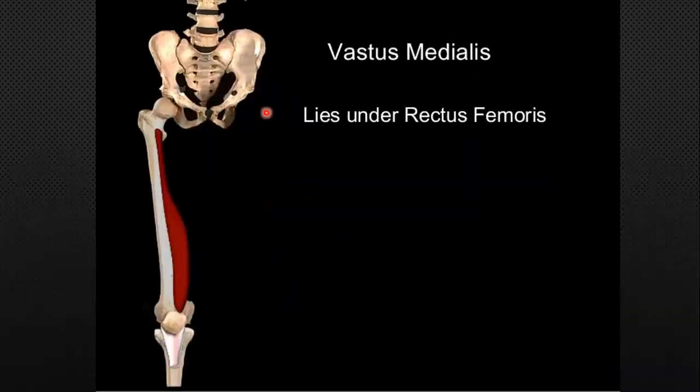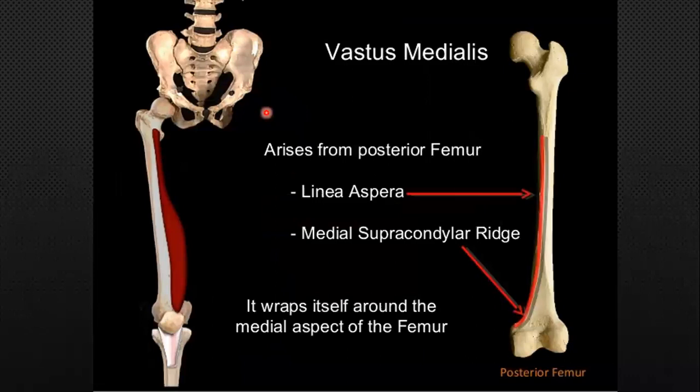Next is the vastus medialis muscle. As the name indicates, it arises from the shaft of the femur, basically from the medial aspect of the femur, from the linea aspera and the medial supracondylar ridge.